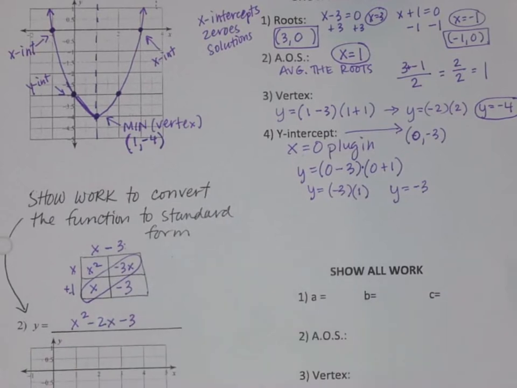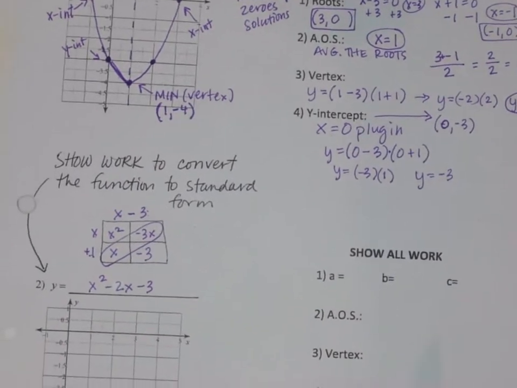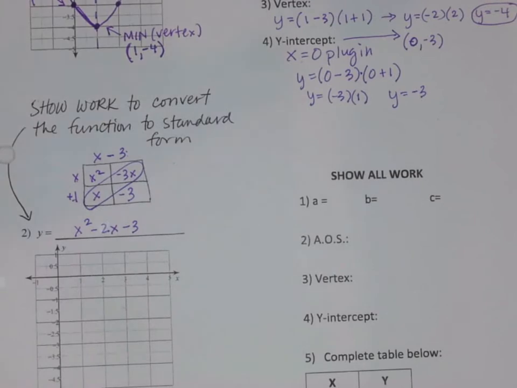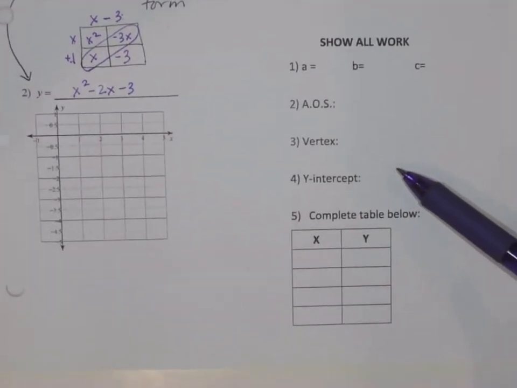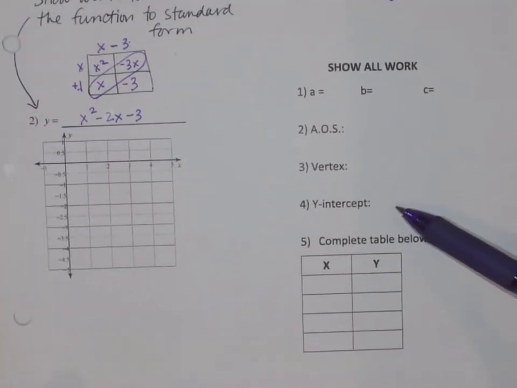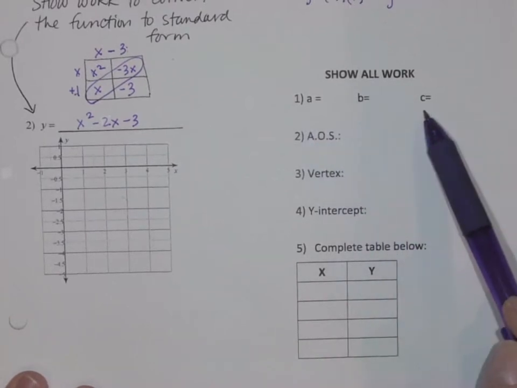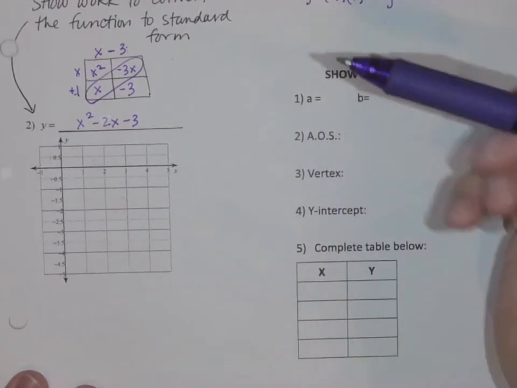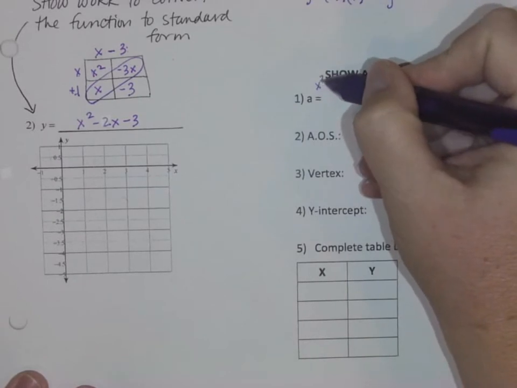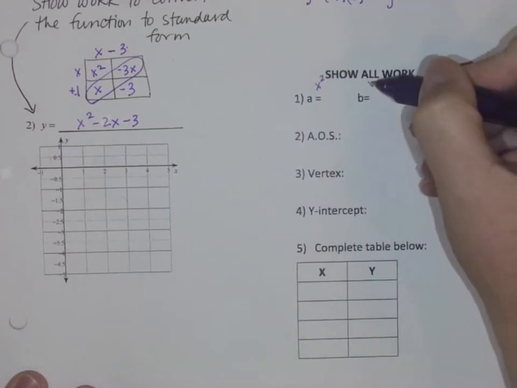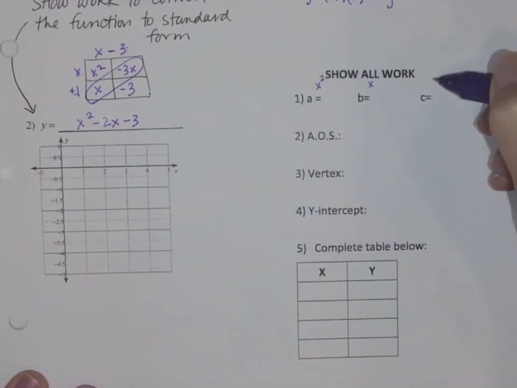Okay. Now, we do have some different steps. So we're going to use these steps shown over here to graph in standard form. And the first step is to identify the a value, the b value, and the c value. And these terms, a is always in front of the x squared term, b is always in front of the x term, and c is always the constant, which means it doesn't have a variable.